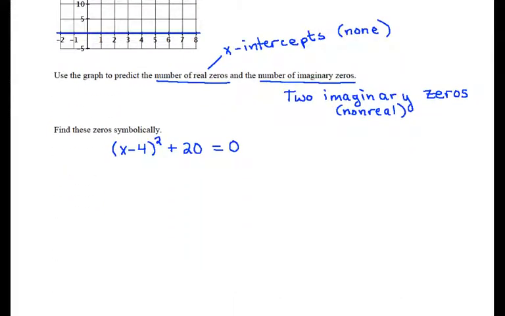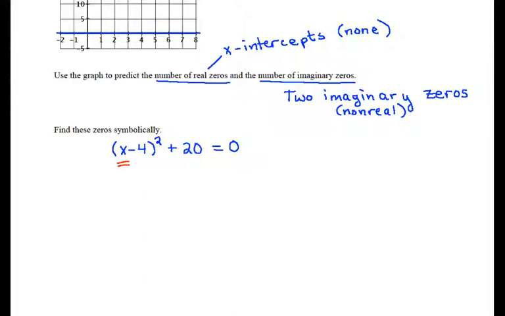Even though it is possible to multiply this out and apply the quadratic formula, it will be a lot more work than it would be to just use the square root property on this equation. Our x appears only once. Remember that that's the only criterion. If it's a quadratic equation, the only criterion we have for it being a good candidate for the square root property is that the variable appear once in a squared expression.